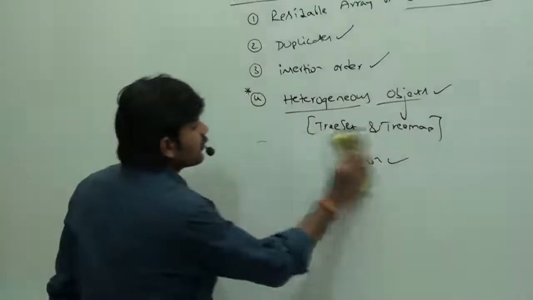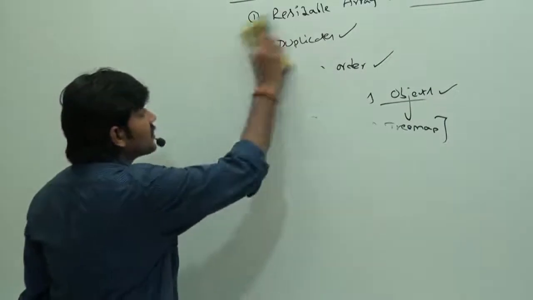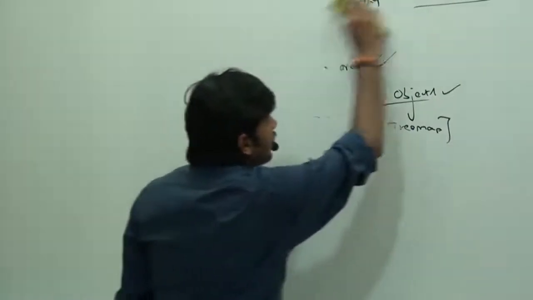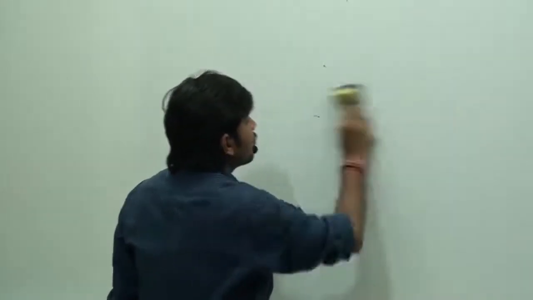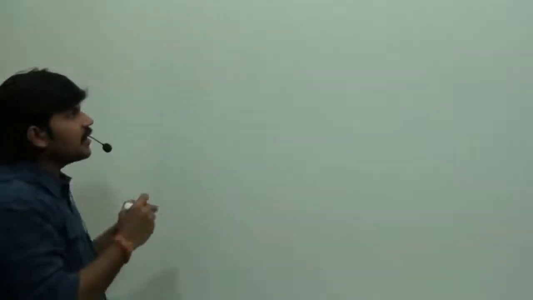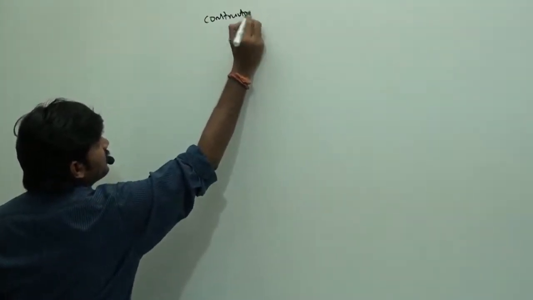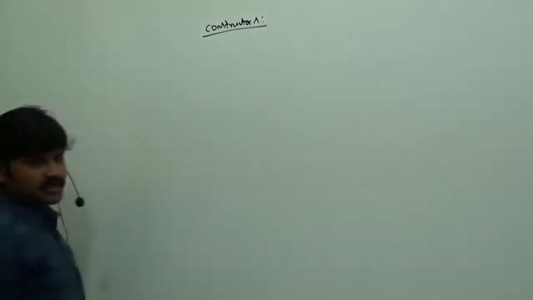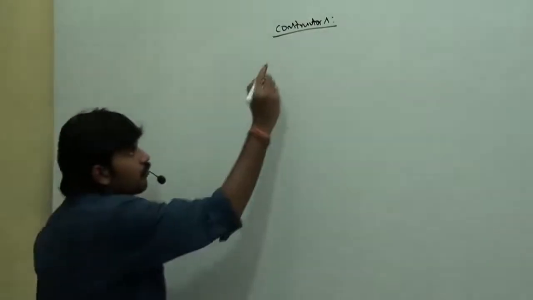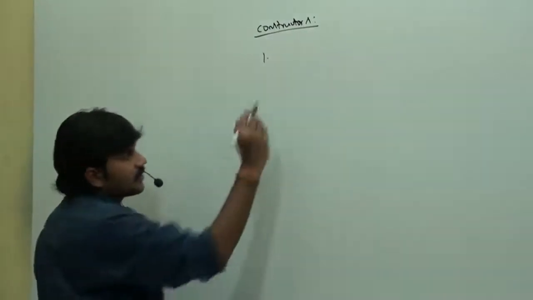Now I will explain what are the various constructors in ArrayList, and I will go for a small demo program for ArrayList. Keep the subheading Constructors. First constructor, listen.